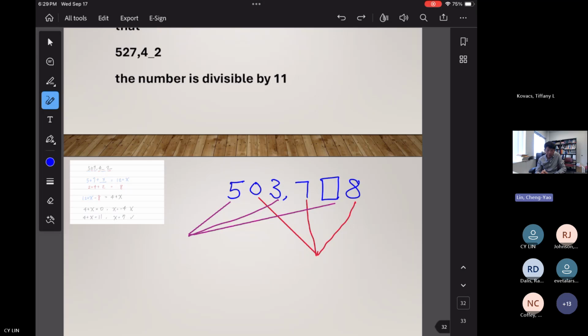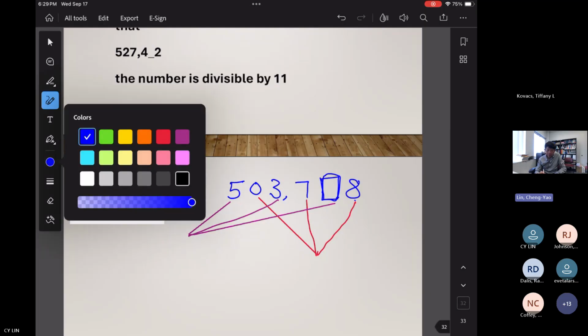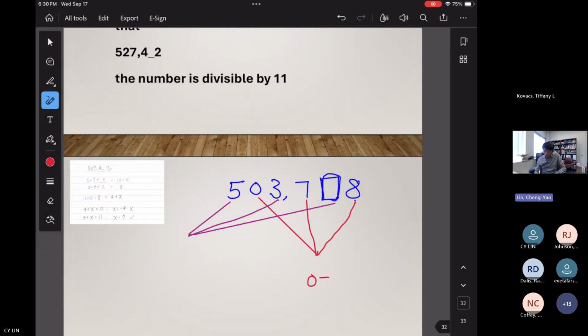In order to find the number for this one, I take the odd positions and the even positions. We have 0 plus 7 plus 8, which is equal to 15 here. And we take 5 plus 3 plus a box, which is equal to 8 plus a box.